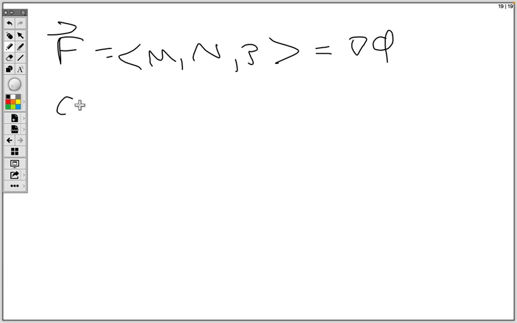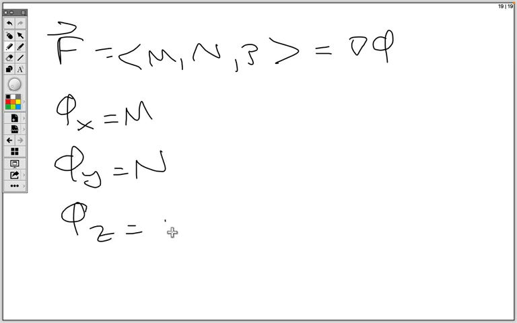That would mean that phi x would be M, phi y would be N, phi z would be P. And assuming M, N, and P all have continuous first partials, we can use Fubini's theorem to figure out what the exactness criteria looks like here.